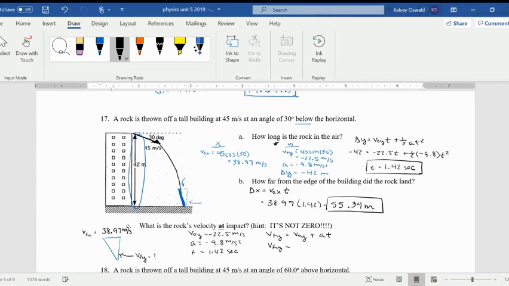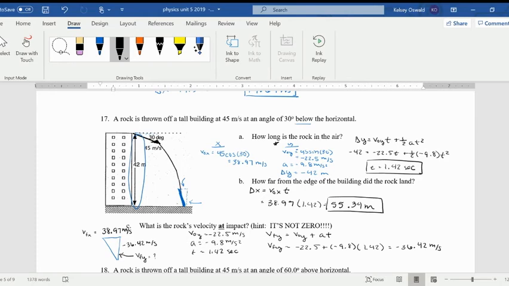And we will find that our final y velocity right before we hit the ground ends up being negative 36.42 meters per second. So we can put negative 36.42 on the y component of that triangle.